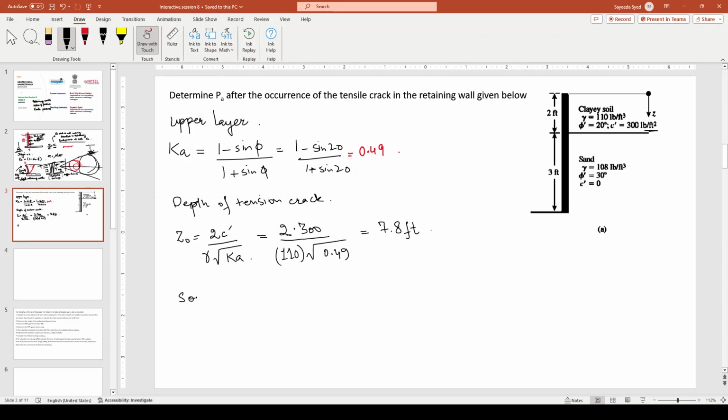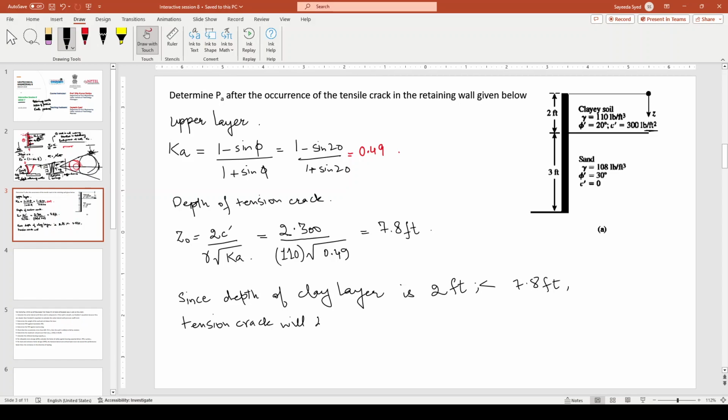So let me write: since depth of clay layer is 2 feet, which is less than 7.8 feet, tension crack will develop only up to 2 feet.